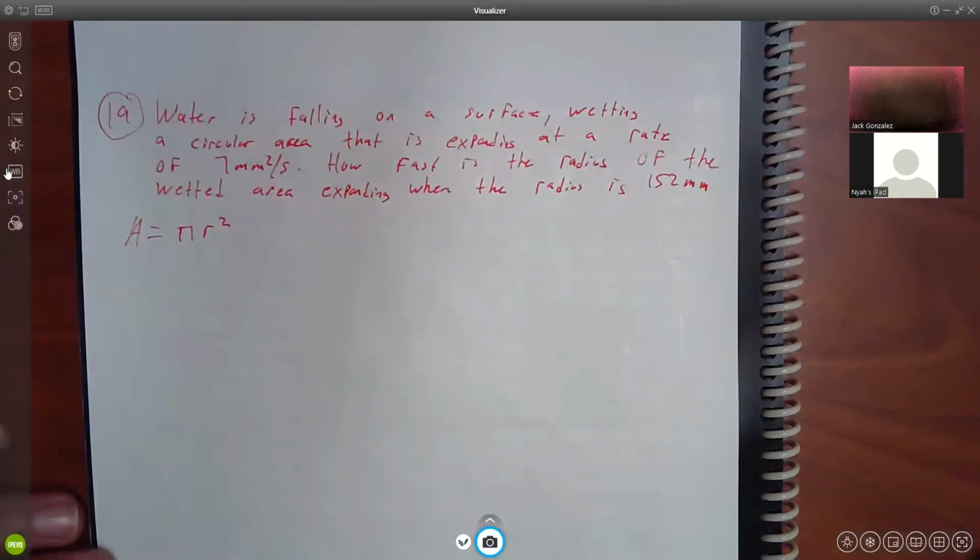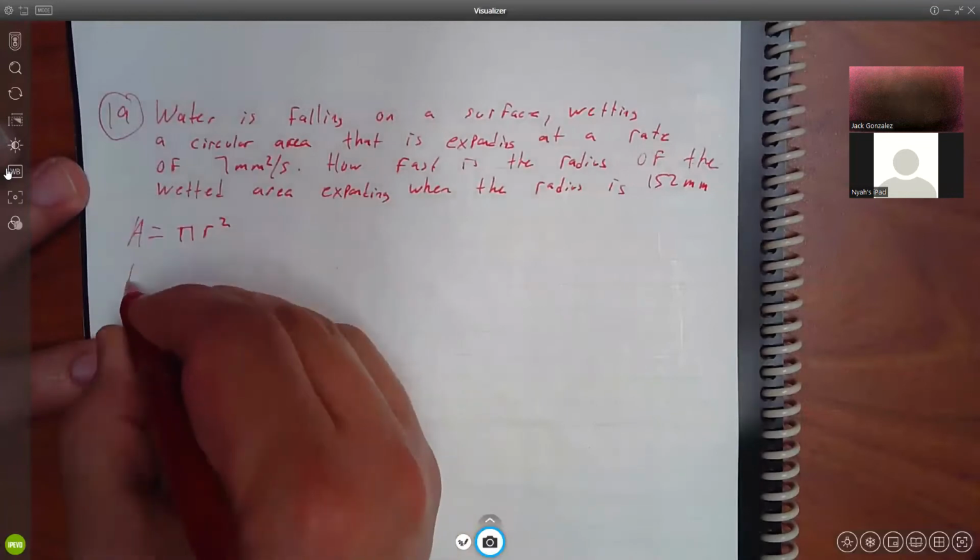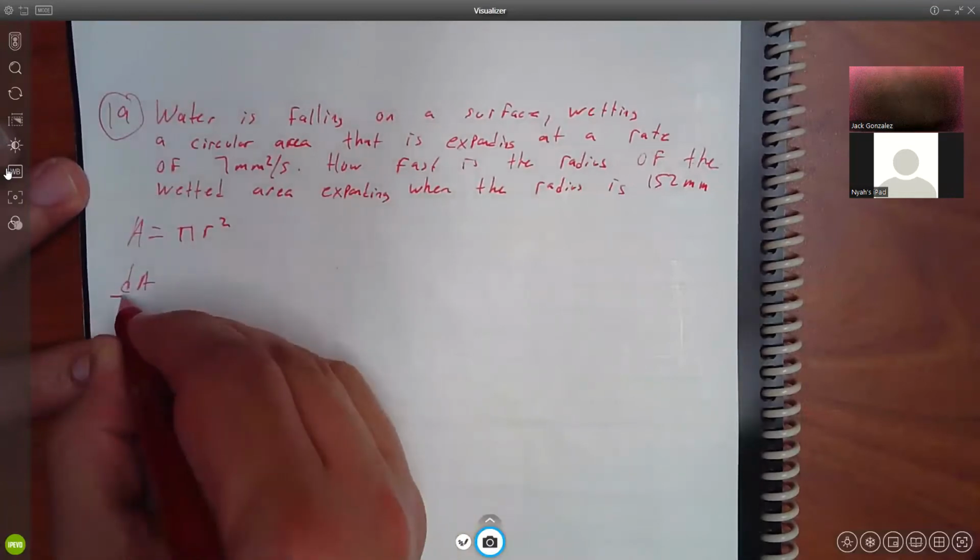Doesn't it just... circumference is 2 pi r. The area is pi r squared. Confirmation makes me feel better.